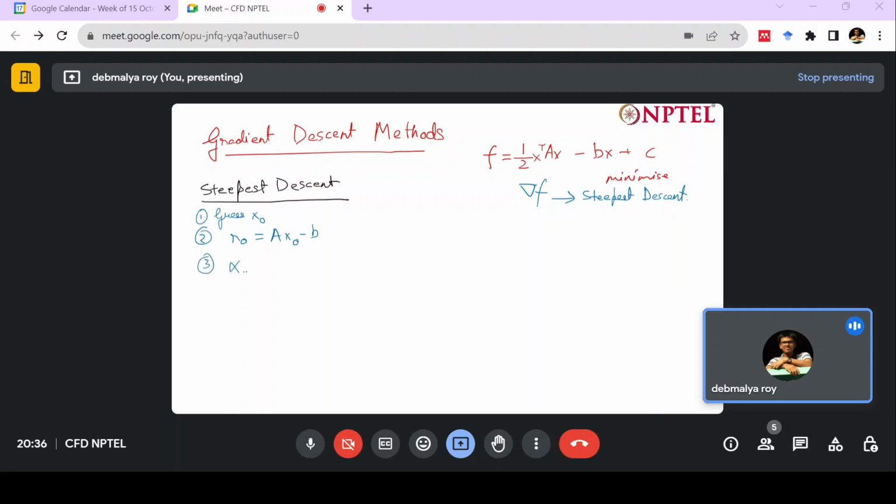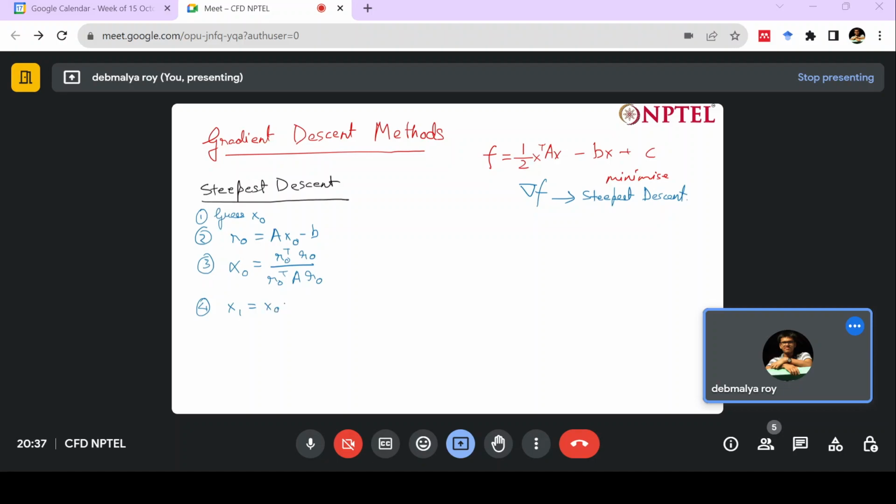With calculations, you will see the gradient is actually r0 transpose r0 over r0 transpose A r0. Try to remember this expression. This will be very helpful for you, especially if you are working on this.